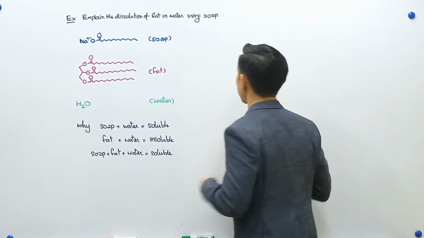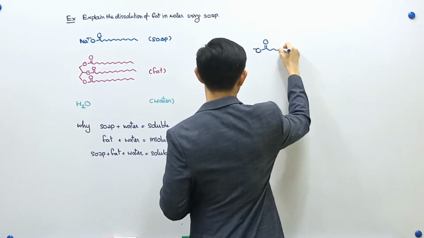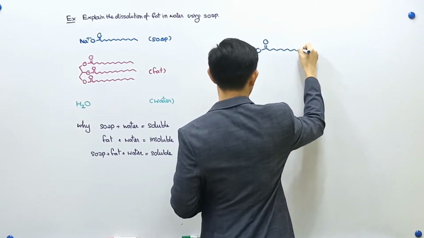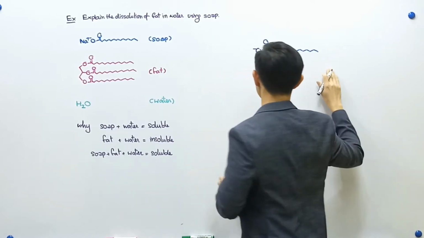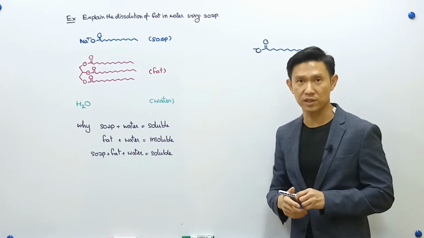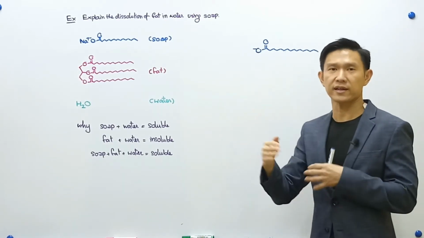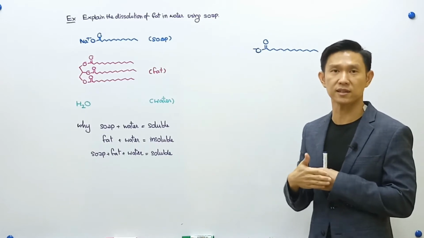For the soap, as you can see, the molecular structure is composed of two sides. We have a long chain hydrocarbon on the right hand, which is insoluble in water because you have so strong London force that they can attach to each other.